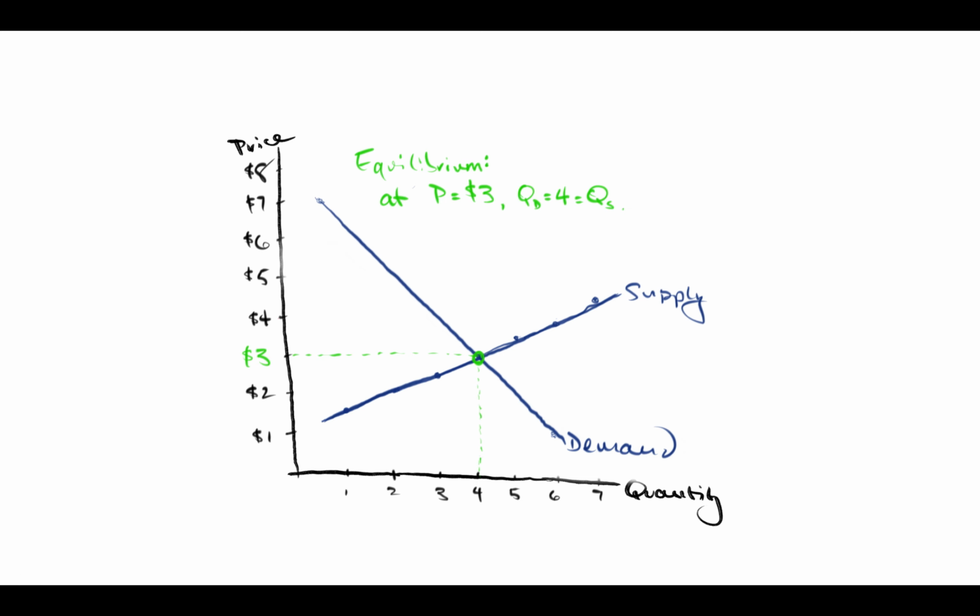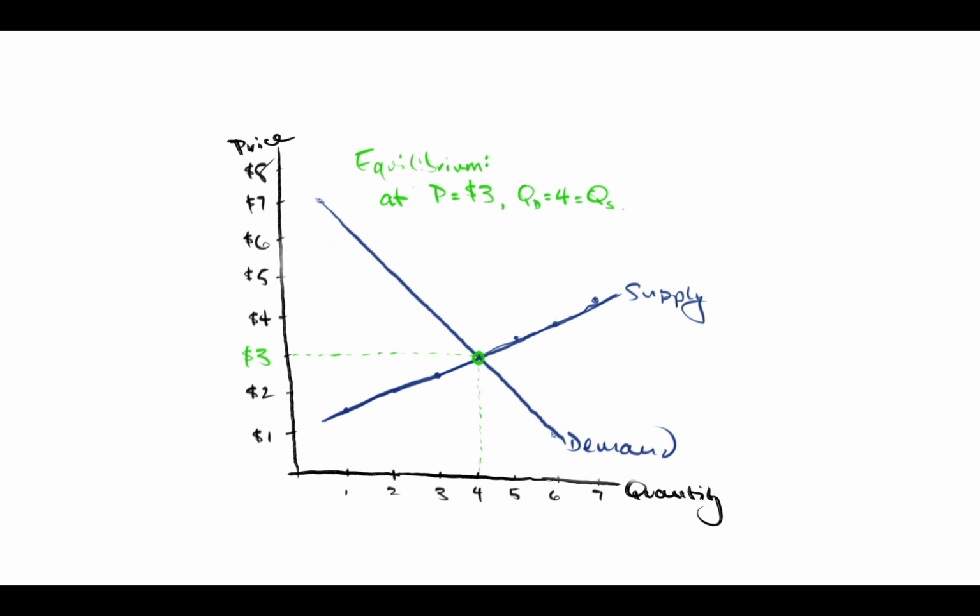Okay, an equilibrium price is one where quantity demanded equals quantity supplied. That means that everyone who wants a slice of pizza gets one, and every pizza that gets produced gets sold. Okay, if the price were $3, there would be 4 people who want to purchase pizza.